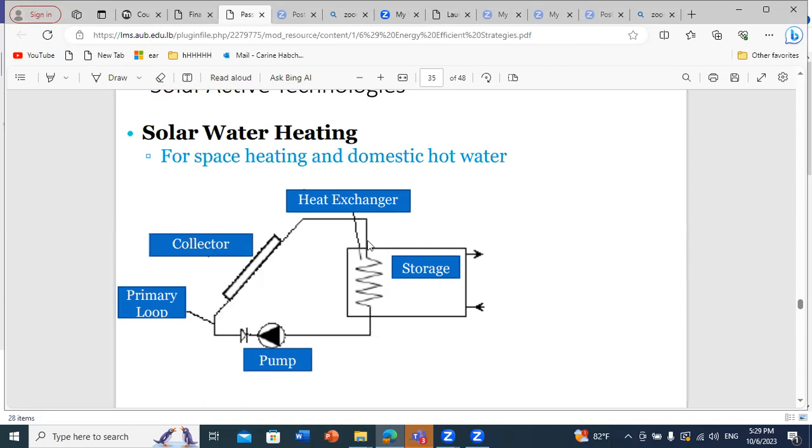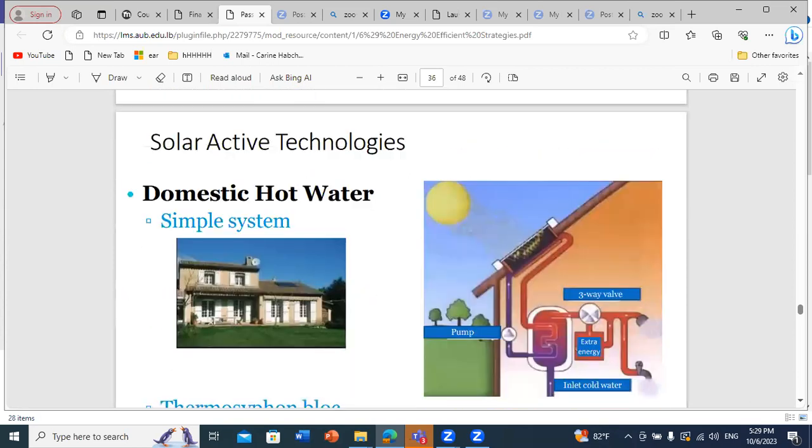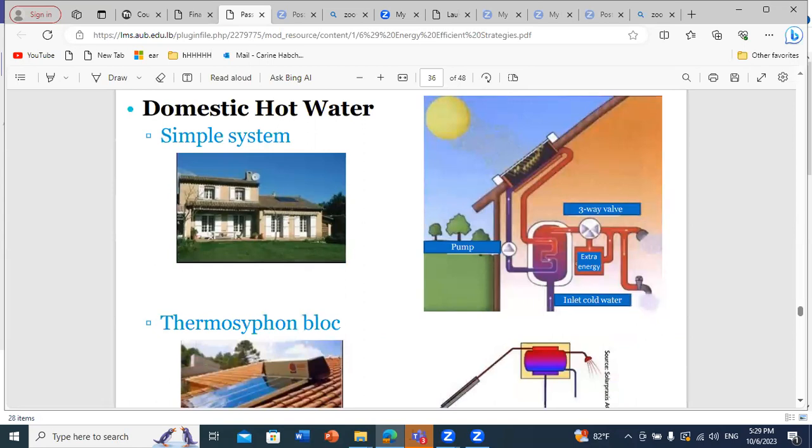And then this water will go through a storage medium where it will heat, let's say, water present in a certain storage tank. And now, depending on the need, we have a control system that can circulate water towards the floor, for example, if you want to use underfloor heating, or it can directly supply it for domestic hot water need.